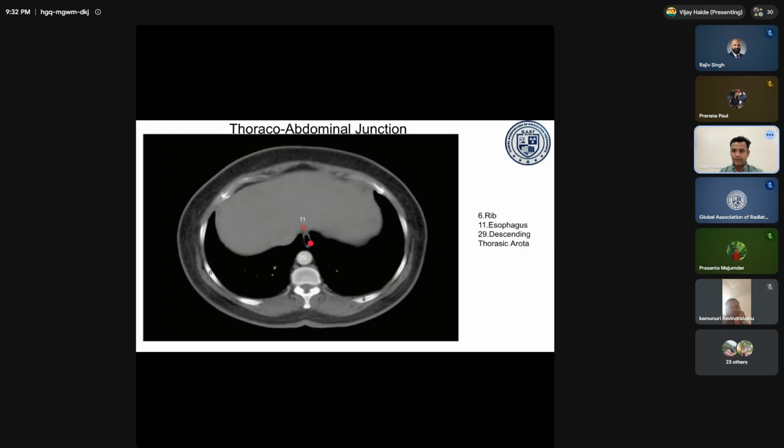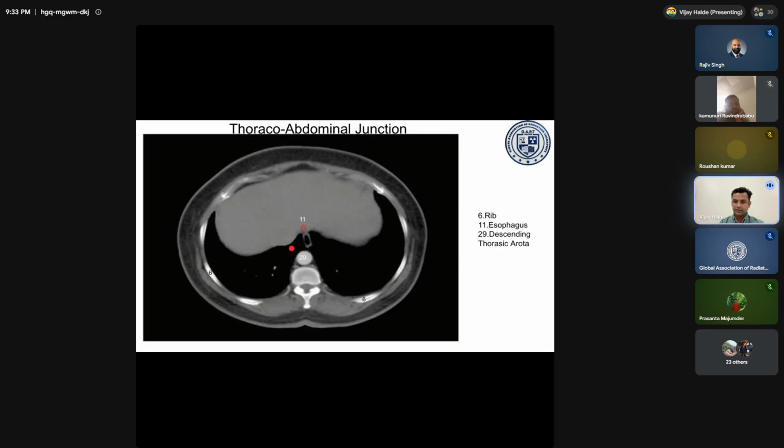The esophagus is still available. At this level, the thoraco-abdominal junction, the movement is much because of the diaphragm, lung and liver. So an abdominal compression plate or 4D simulation is required for the treatment of these abdominal or thoracic junctions. That will be helpful so that the movement of the structures will be restricted.